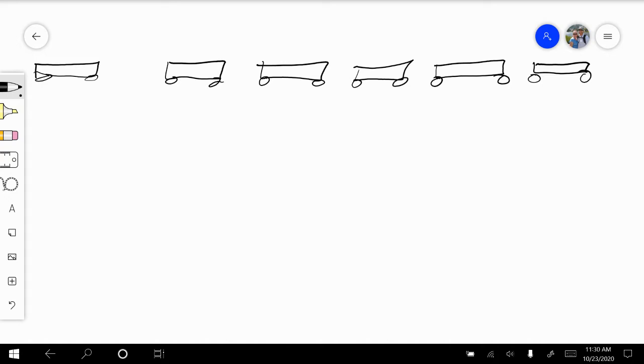There are 6 cars, and there are 2 drivers. Driver 1, driver 2. How many more cars are there than drivers? That means how many cars are without a driver?